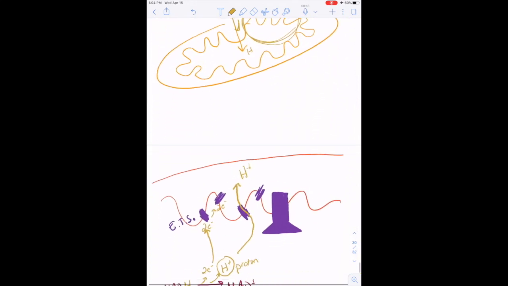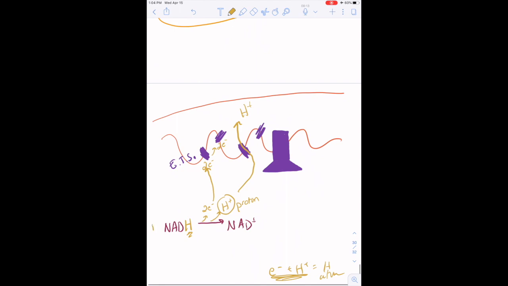So there are going to be 10 of these NADHs, so there are going to be 10 protons pumped across that inner membrane of the mitochondria. 1, 2, 3, 4, 5, 6, 7, 8, 9. I'm running out of room here. 10.